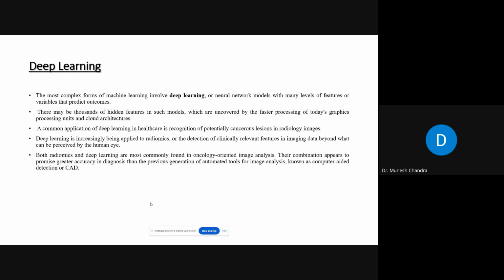Whenever we talk about cancer patients' data, in order to find the lesions and the growth of the cancers, we have to match a large amount of data. That's why deep learning algorithms are most suitable for identifying cancerous cells or cancerous lesions.